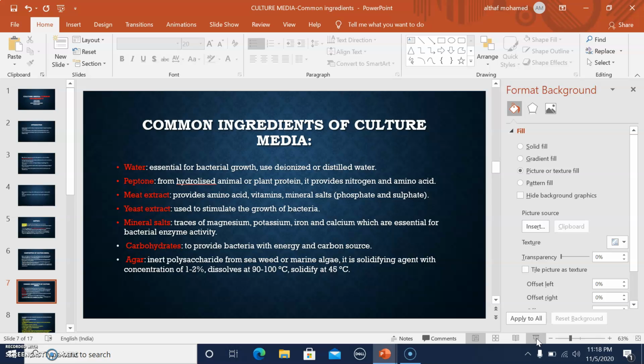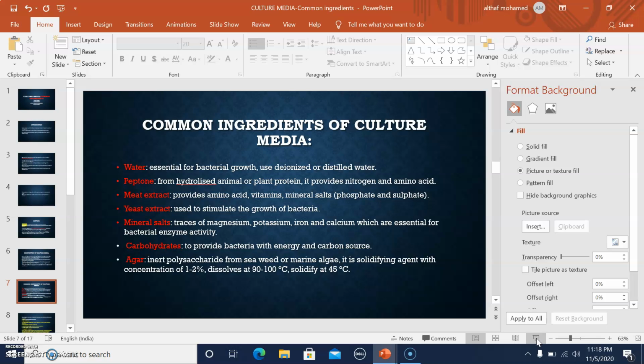Traces of minerals such as potassium, magnesium, calcium and iron are present in the culture media. These are the mineral salts essential for the enzyme activity within the bacteria.